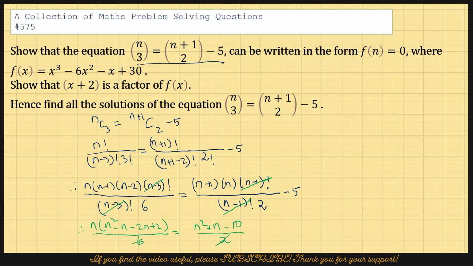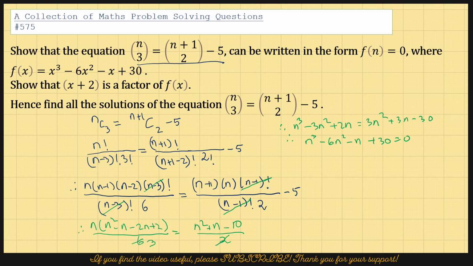So then that would give me 3, and then I can write, therefore, n cubed minus 3n squared plus 2n equals 3n squared plus 3n minus 30, and therefore n cubed minus 6n squared, and then plus 2n minus 3n is minus n, and then plus 30, and that equals 0.